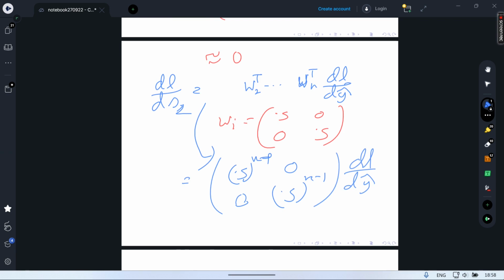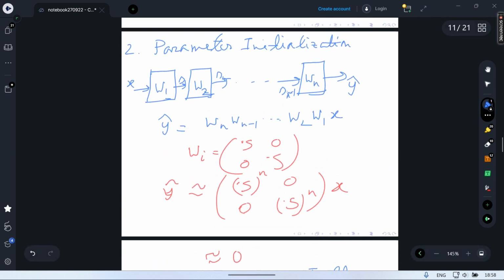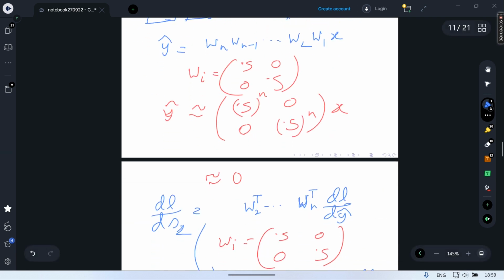So as a result, if you use such an initialization to train your model, then your training might take too much time, because it will be prone to the vanishing gradient problem. On the other hand, if these Wi's are initialized such that this value 0.5 is greater than 1, say 1.5, then this value might explode.